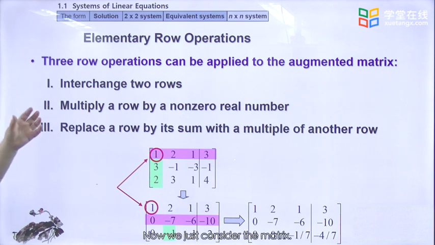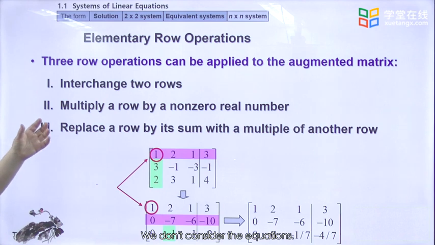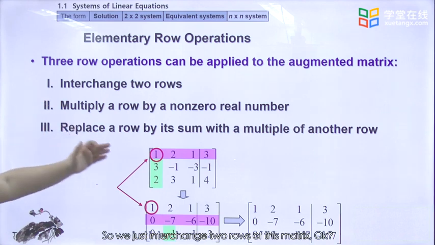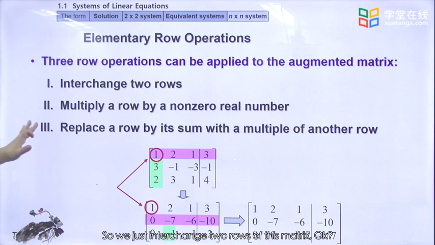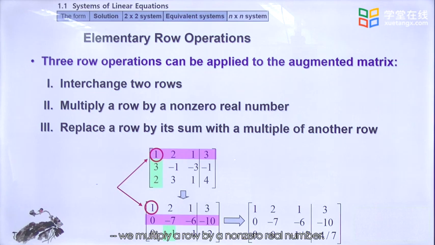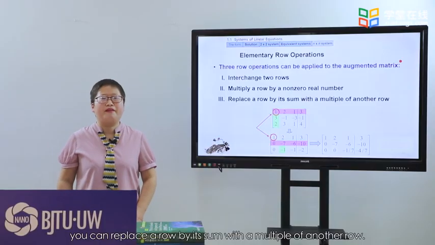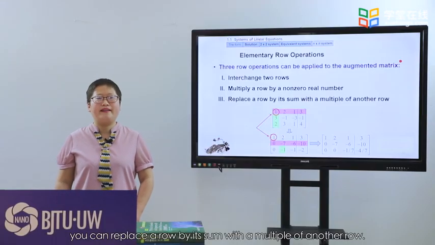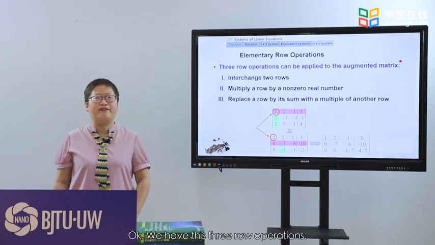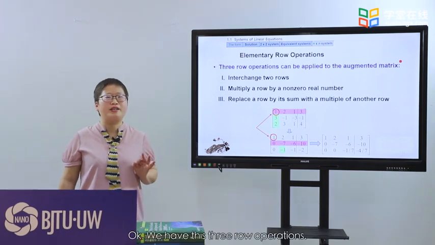Now we just consider the matrix, we don't consider the equations, so we just interchange two rows of this matrix. The second row operation is to multiply a row by a non-zero real number. And the third row operation is to replace a row by its sum with a multiple of another row. We have these three row operations.